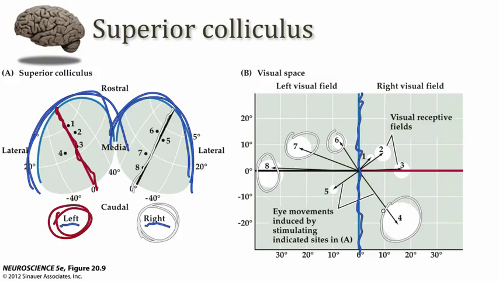So each white region is roughly where the receptive field is located in the visual world for each of the recording sites in the two superior colliculi. Well, if that same site in the superior colliculus is stimulated, what happens is that we would make a saccadic eye movement to the center of that visual receptive field.